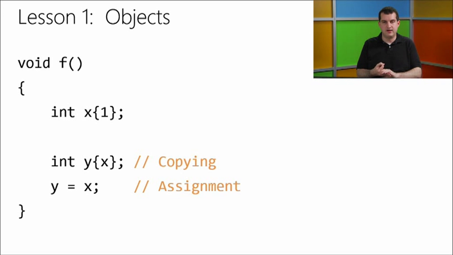And they can be initialized, and they exist. Their lifetime is between when they are initialized and when they go out of scope, at least for automatic objects, local variables like we've seen so far. And they can be copied and assigned, and the distinction between those we'll see a bit later.